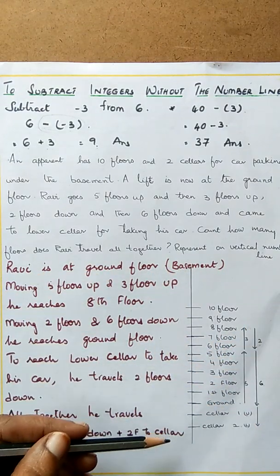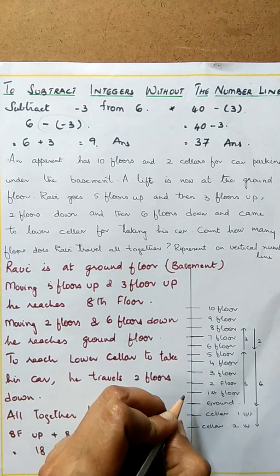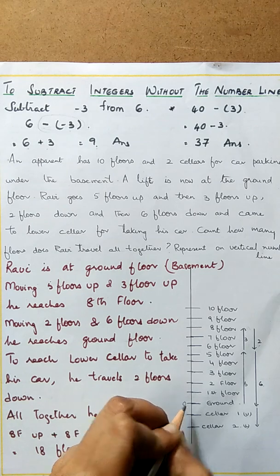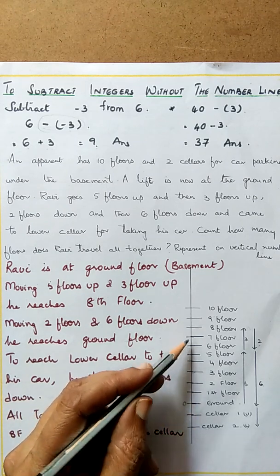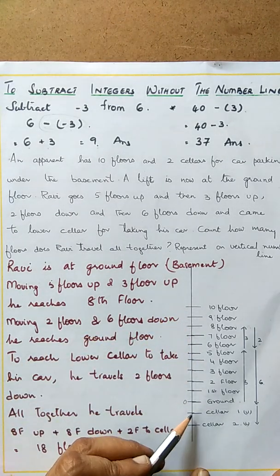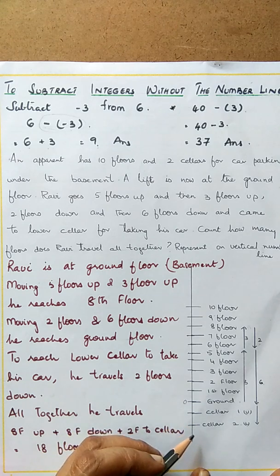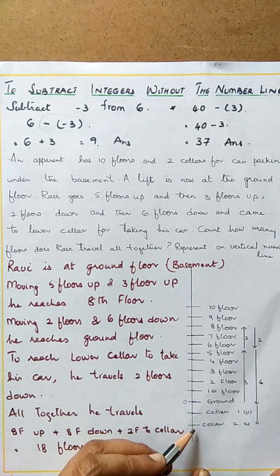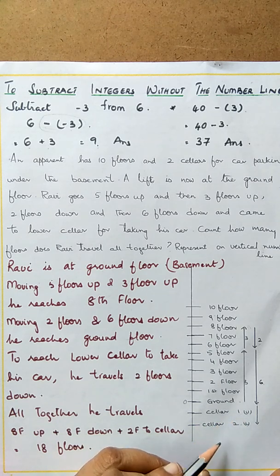So, here I have taken a vertical number line. Here you have 0. So, 0 is the ground floor. Then first floor, second, third, up to 10 floors I have marked. And under the basement there are 2 cellars for car parking. So, cellar 1 is the upper cellar and cellar 2 is the lower cellar.